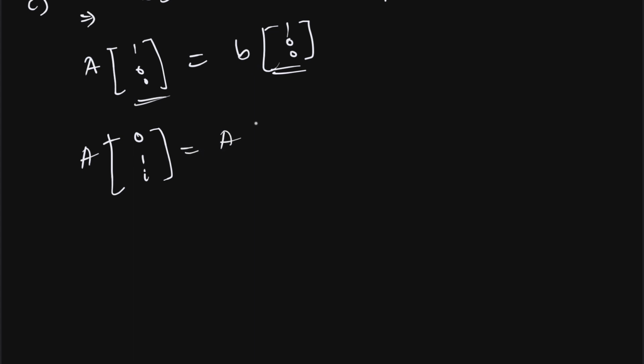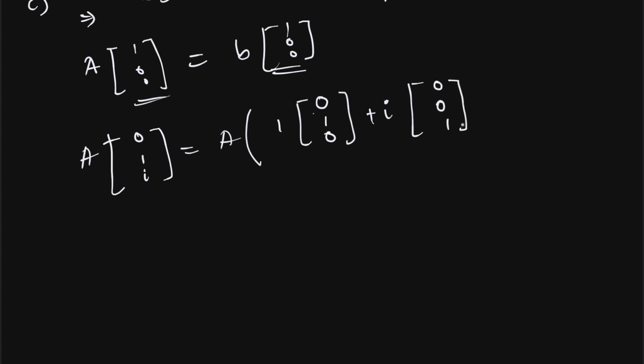A acting on it means 1 into (0 1 0) plus i into (0 0 1), which is nothing but A applied on the second and third basis kets.